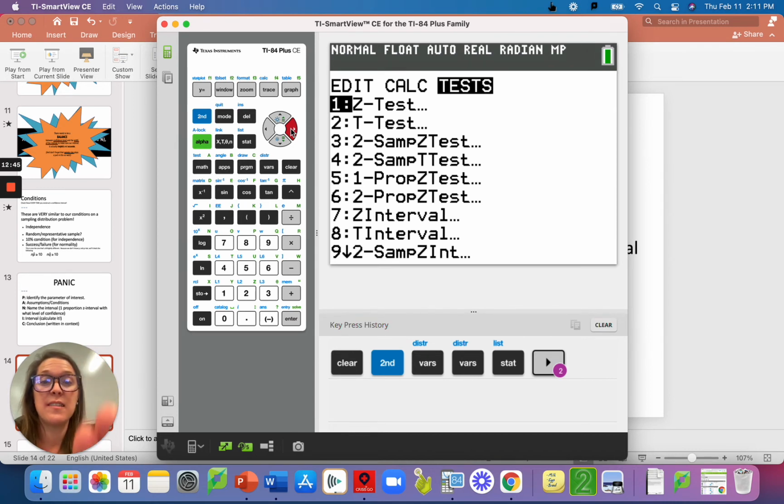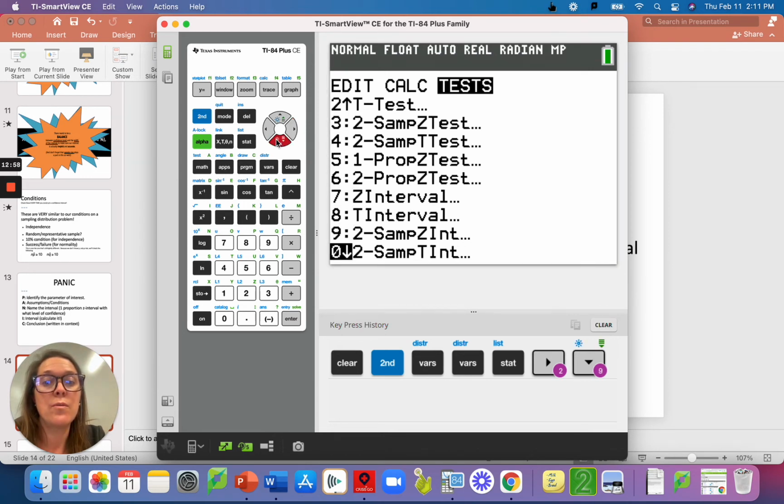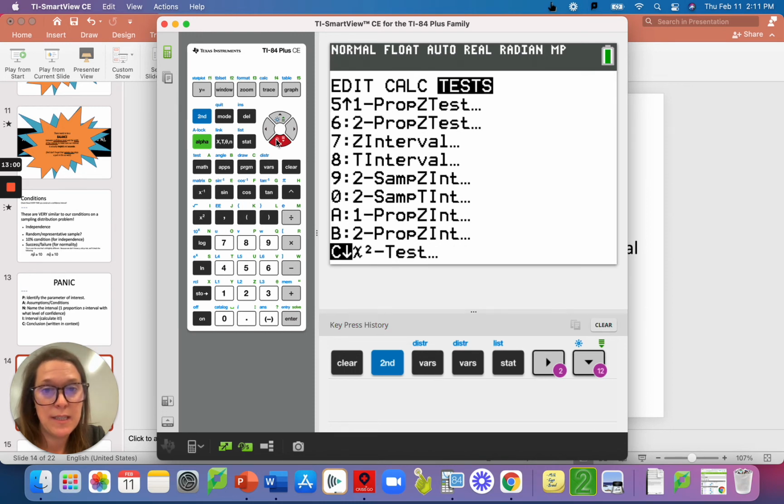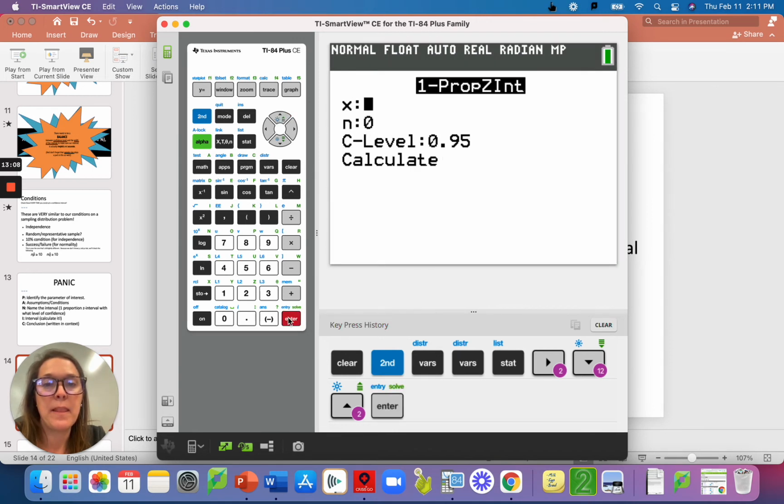So this is all of semester 2 right here in a nutshell. We're going to be doing Z-test, T-test, 2 sample Z-test, 2 sample T-test, 1 proportion Z-test, 2 proportion Z-tests. But what you right now would be interested in is if you look at A, we're doing a 1 proportion Z interval.